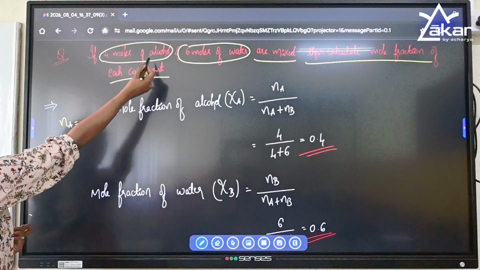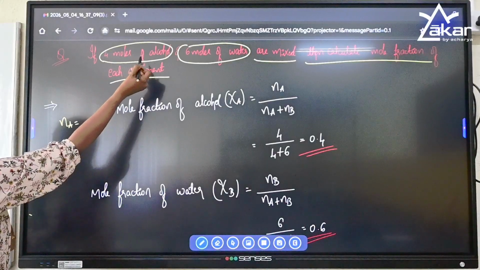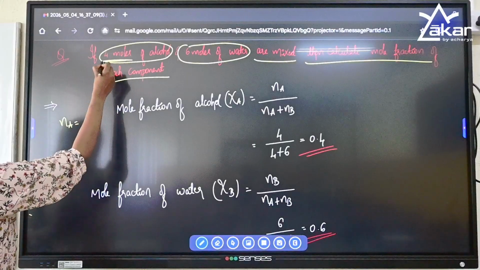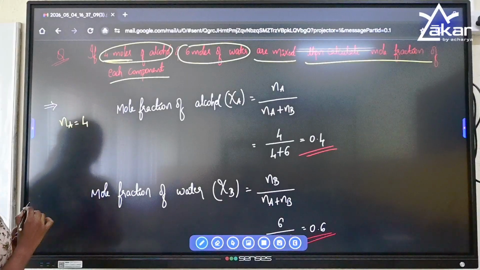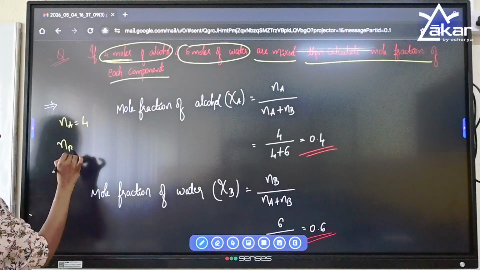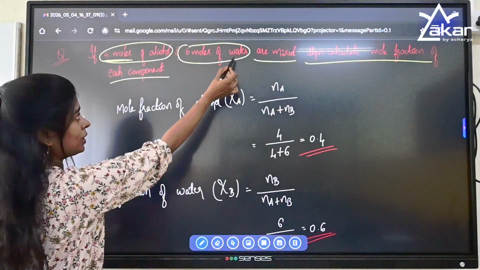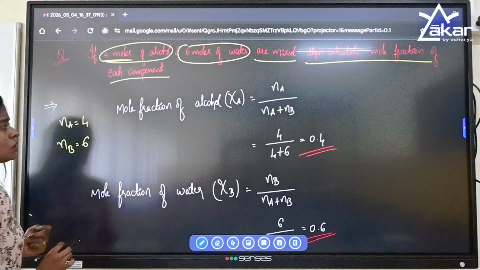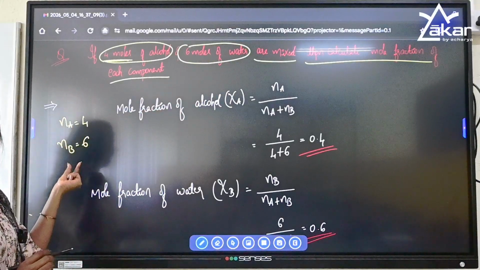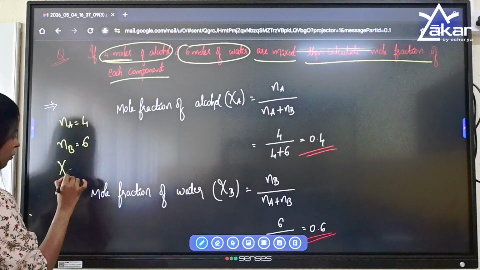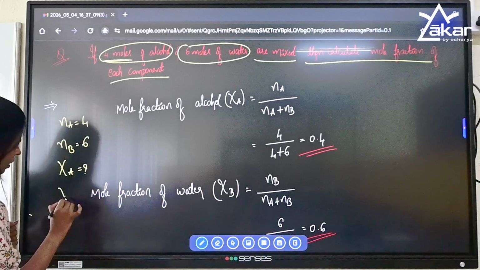Let us consider component 1 as alcohol, and Na is 4 moles. Nb, component 2, that is water, 6 moles of water. So they have given Na, Nb, and they are asking us to calculate mole fraction of A and mole fraction of B.